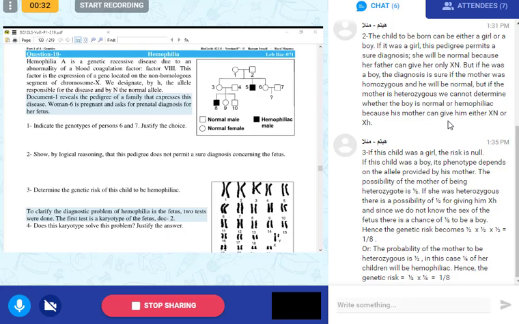And here, for the 3 things to happen together, you usually multiply their proportions. You have the chance to be heterozygous, the chance to give XH, and the chance for the fetus to be a boy: 1 over 2, 1 over 2, 1 over 2. You multiply them and you get 1 over 8.